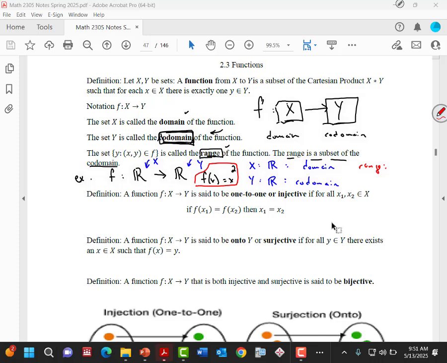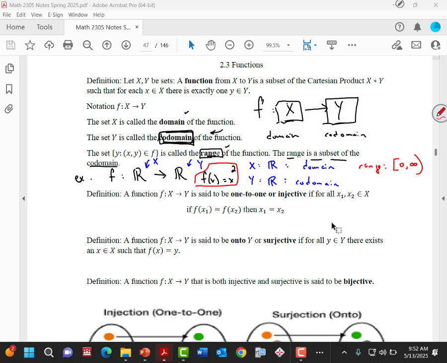And this is why, if you think about it, when you take a real number and square it, you never get a negative number. The range is the set of non-negative numbers, 0 up to positive infinity, if I use this idea of interval notation from an algebra class.